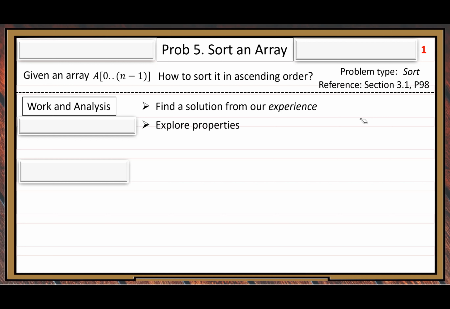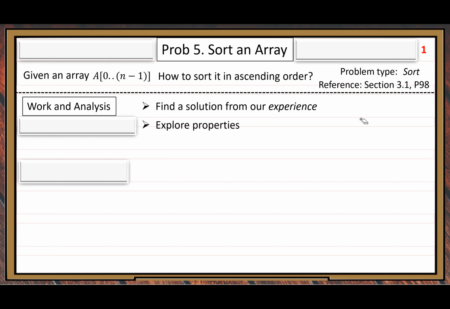Explore the properties. So another step we commonly use, explore the properties. When we look at the whole problem, we need to study from different angles, and we try to discover many special properties. Here, given an array, we want to sort it in ascending order.